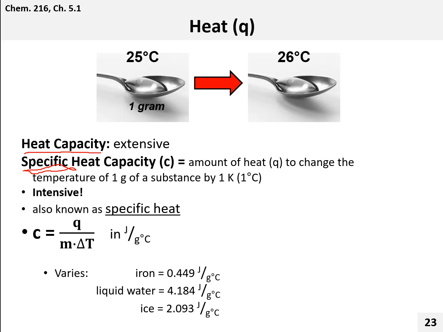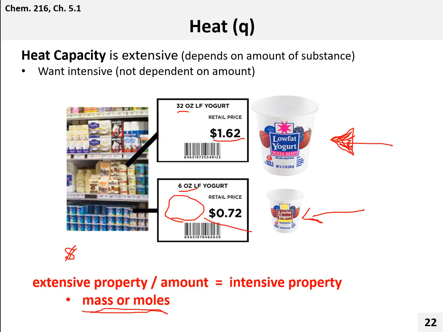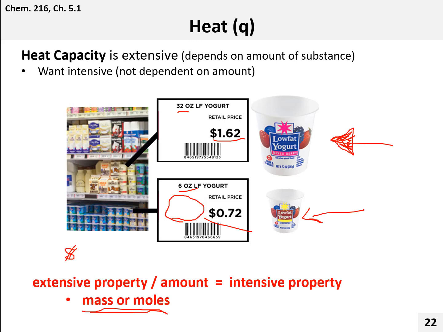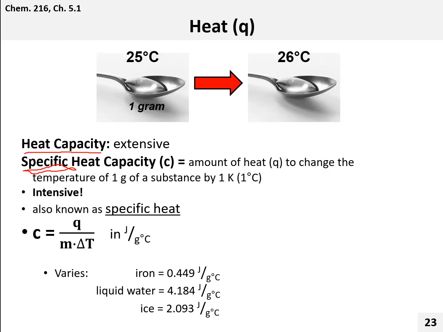Notice this is different than when we were talking about heat capacity. When we were talking about heat capacity, it didn't talk about anything about the mass. Okay? So, specific heat capacity is intensive. So it's awesome. It's also sometimes called just specific heat. And it has a similar equation, but now it's lowercase c is equal to Q over M times delta T, where M is mass.